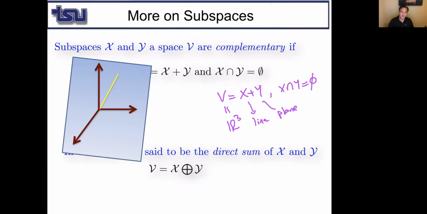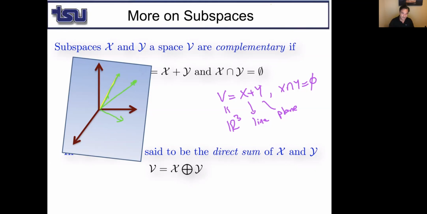Okay, so let's see. If we take any point in R3, like here, we can always write this point as the sum of two vectors. One may be coming from this plane, another one from this line. So we can always express this point as the sum of what? 2 points. One comes from the line, one comes from the plane.